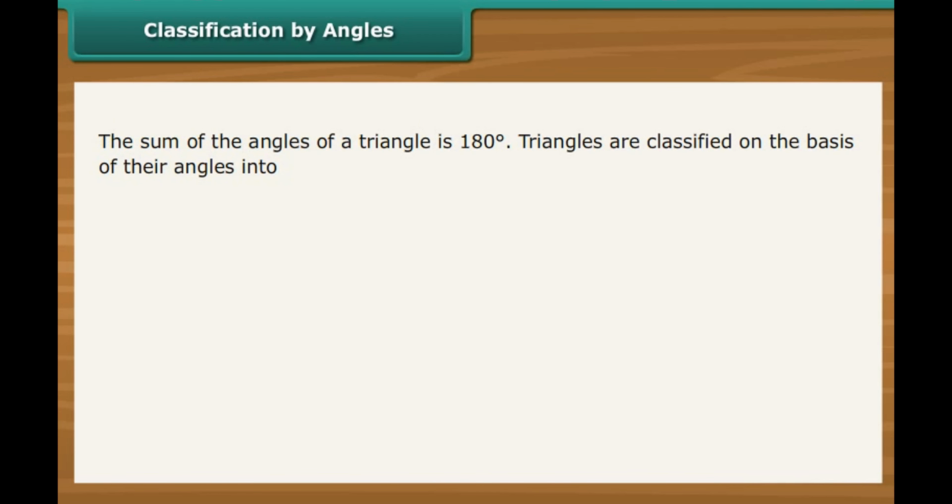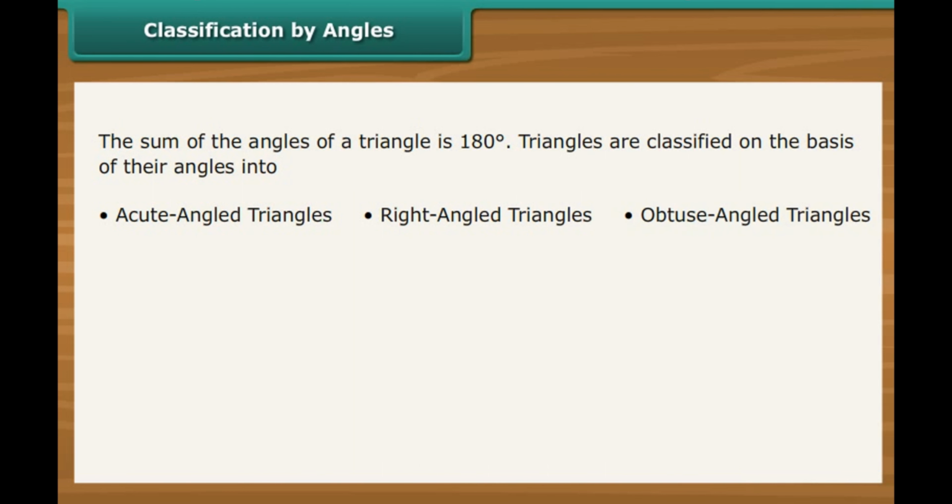Classification by angles. The sum of the angles of a triangle is 180 degrees. Triangles are classified on the basis of their angles into acute angled triangles, right angled triangles, and obtuse angled triangles.